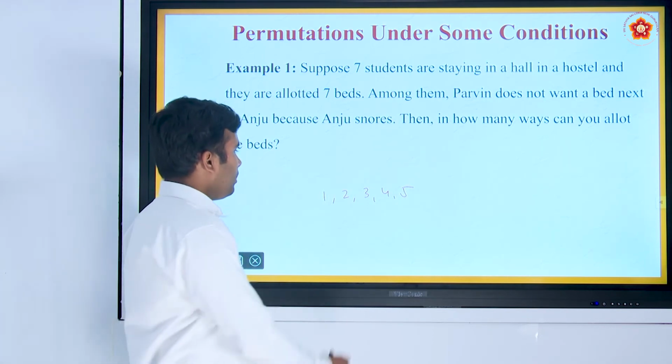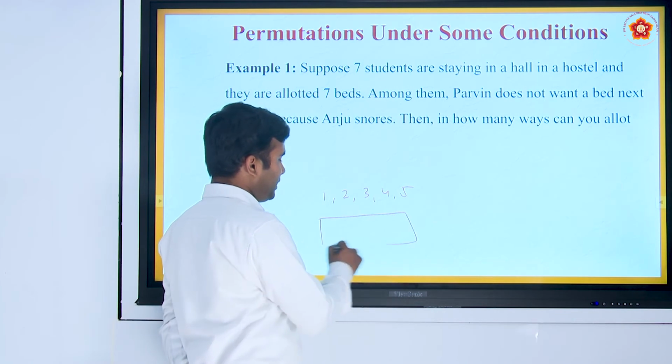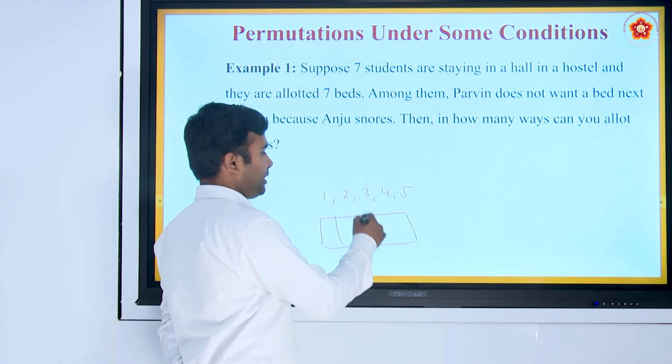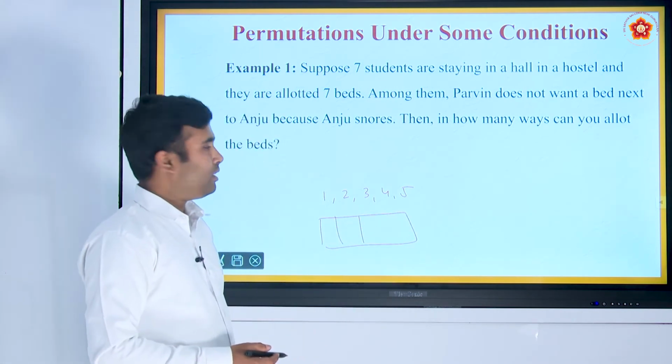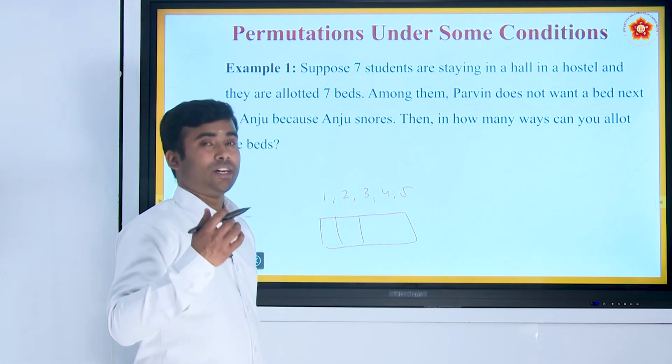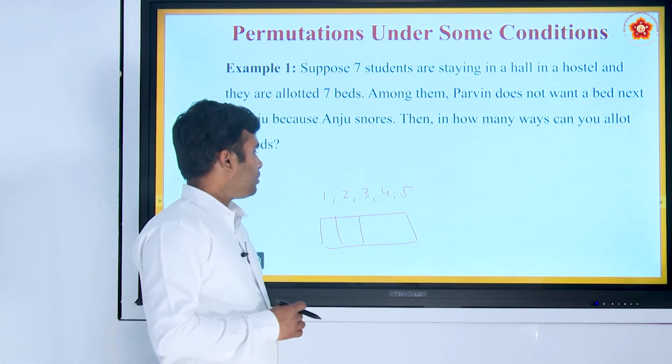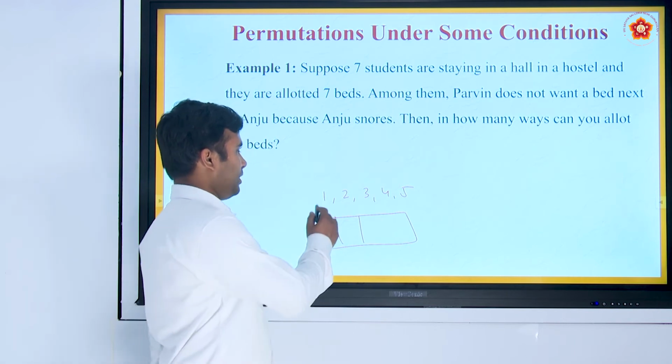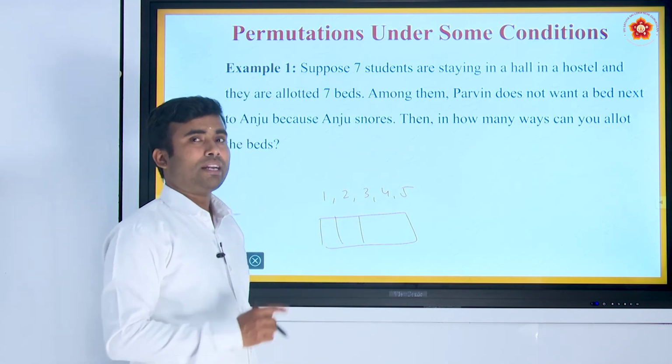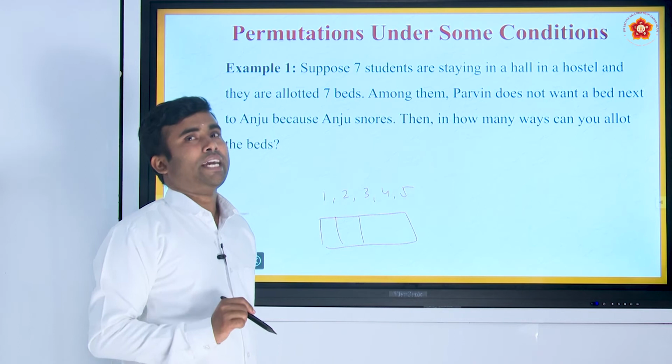So here, if the digits are repeated, I need to make a 3-digit number using the given digits 1, 2, 3, 4, 5, and the digits can be repeated.